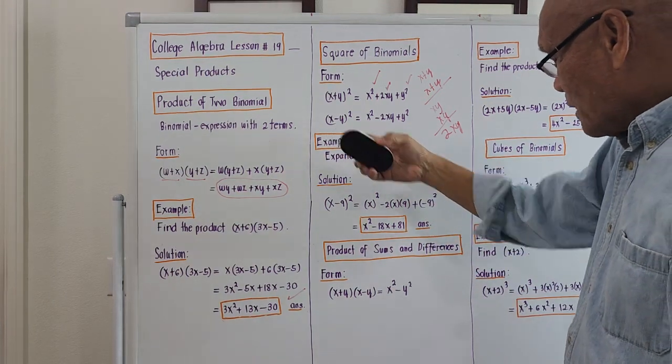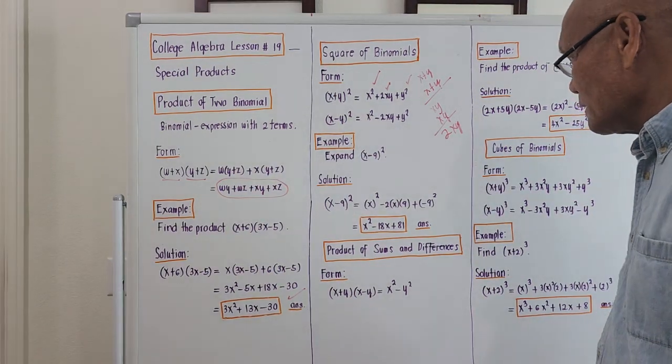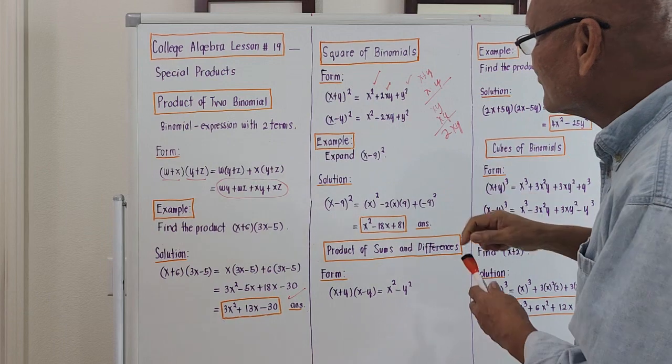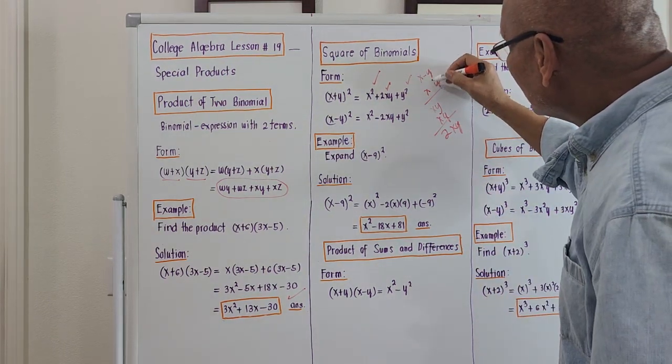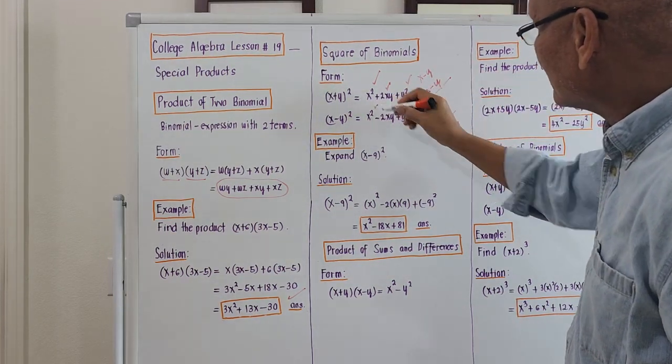But if the sign of the middle term is negative, it should be the same. If this is minus, this will now be minus. X times x will be x squared.